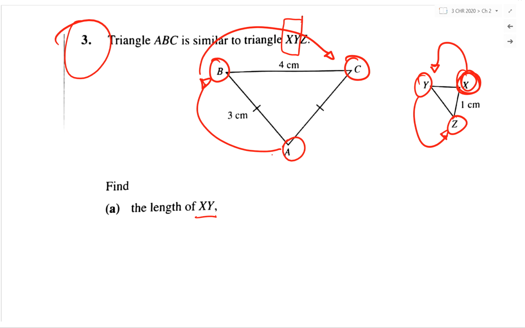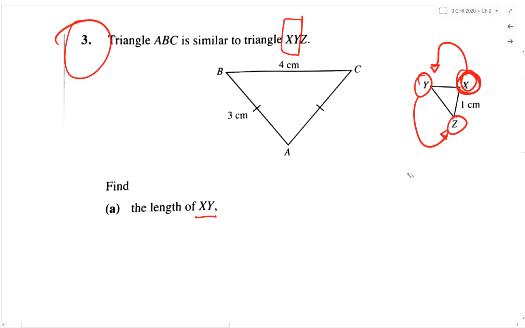Okay, correct. Sit down. So you see, instead of just looking at the diagram, I actually can get the corresponding side based on the name of the triangle. No memory work. If I talk about XY, then the corresponding side must be AB, the first two.